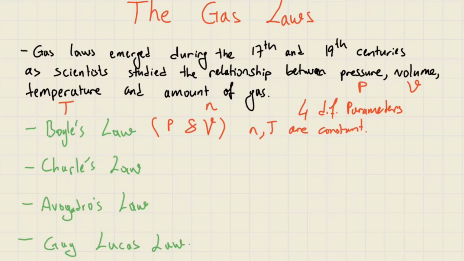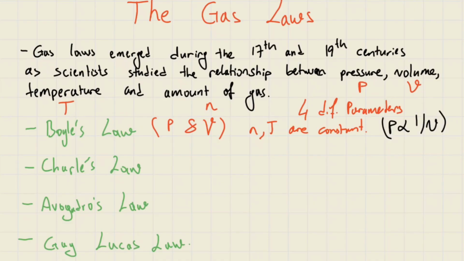And this law states that at constant temperature, the pressure of gas is inversely proportional to its volume, or it can be written simply as pressure inversely proportional to 1 over V. So they are inversely proportional to each other.